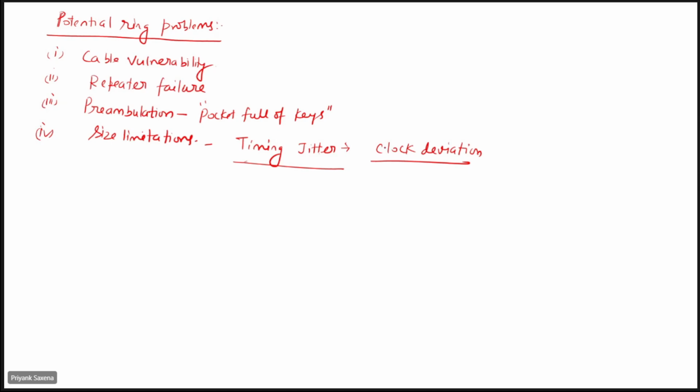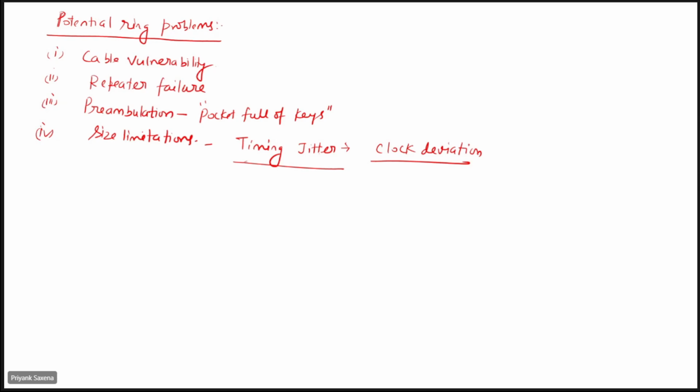So the practical limit on the number of repeaters on a ring, this limit is basically related with the reliability and maintenance problem of the ring, because as you increase the number of stations, it will be difficult to find out which particular repeater has failed or where exactly the cable is cut, right?